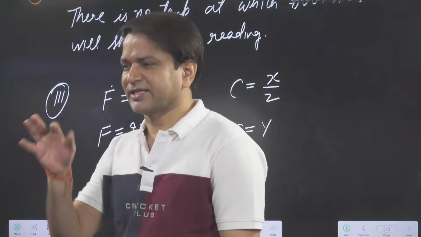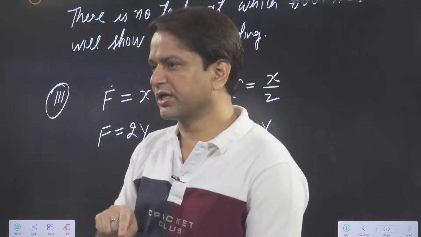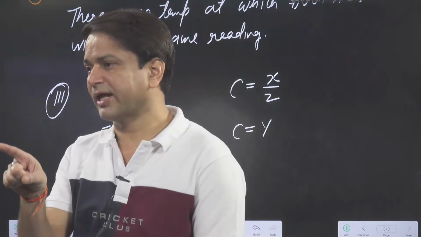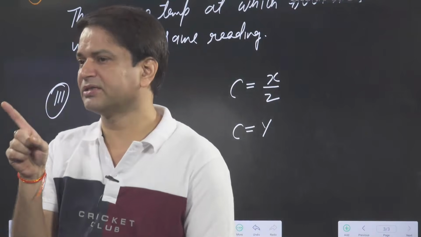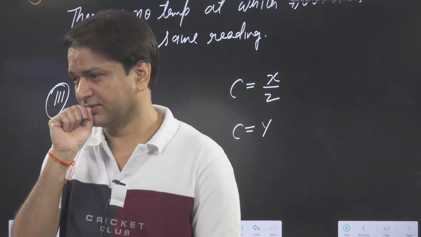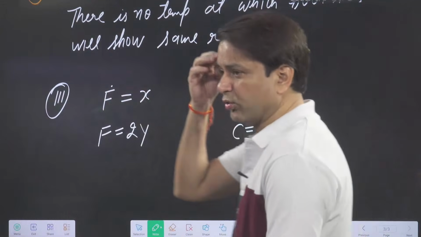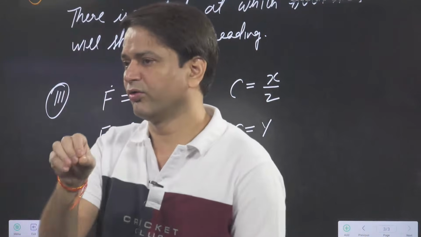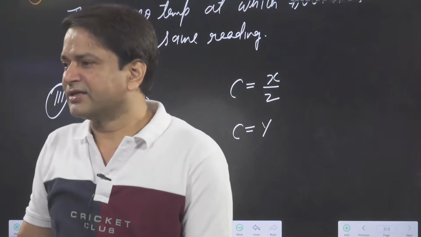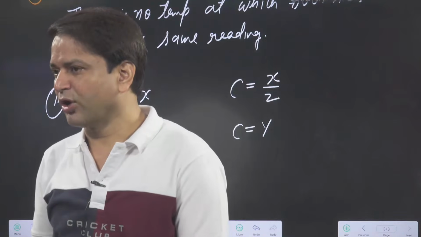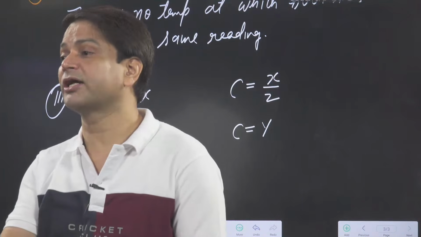If you prefer the second, and the question says you have to find the temperature in Fahrenheit scale, so you have to give the answer in Fahrenheit. If you take C is equal to Y, F is equal to 2Y, you will find the value of Y. And in the exam we are in a hurry, so after finding the value of Y, you will forget to double it.